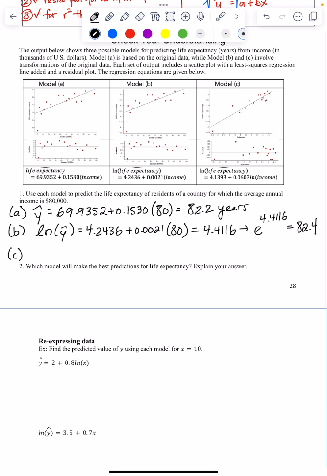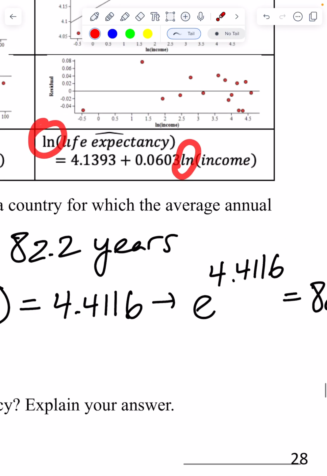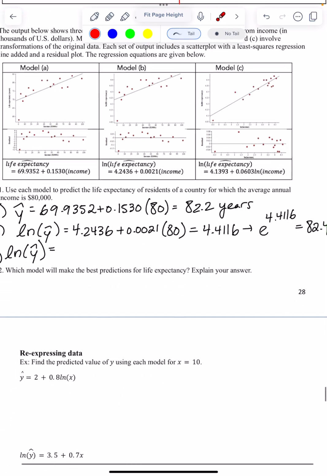Okay, C is probably the one that a lot of people were confused about, if I had to guess. Because we have the natural log around the y value and the natural log around the x value. The great news, though, is when we plug in 80 here, the natural log of 80 is just a number. So actually, we're not doing anything too different from what we had done before.